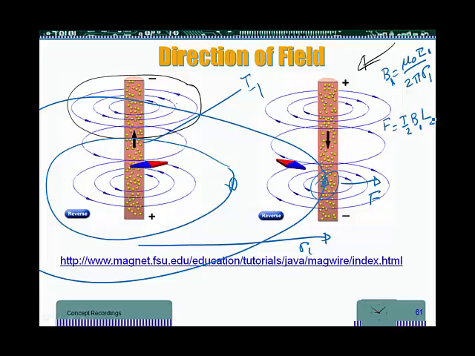If I combine these equations, the force experienced by wire 2 is going to be I2 times mu0 I1 over 2 pi R1 times L2.